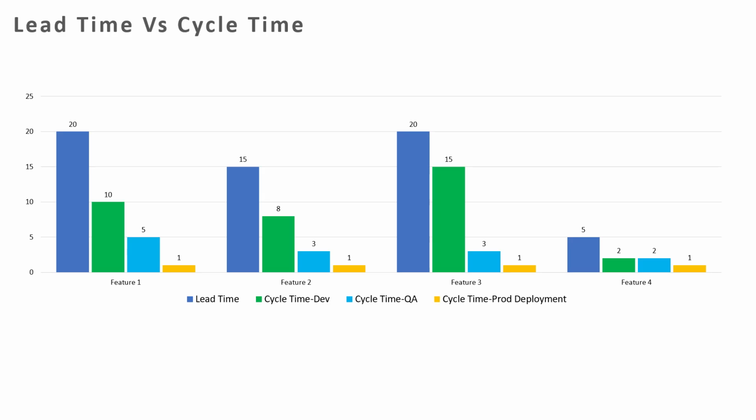Cycle time for development for feature 1 is 10 days, here it is 8 days, here 15 days, and here 2 days. If you observe the differences, here the development effort is 10 days, here the development effort is 8 days.